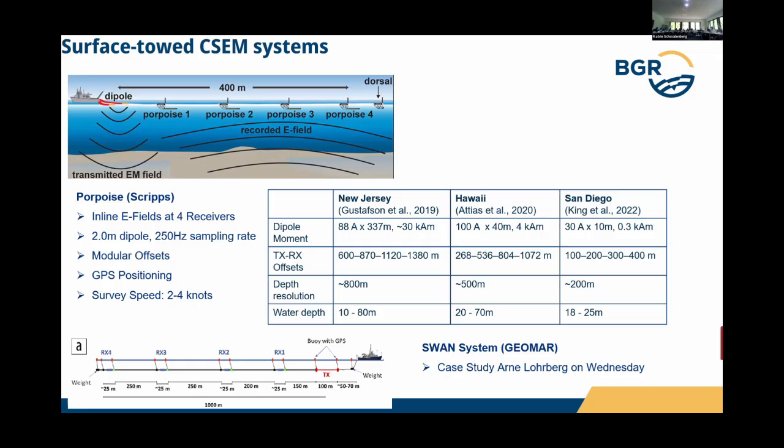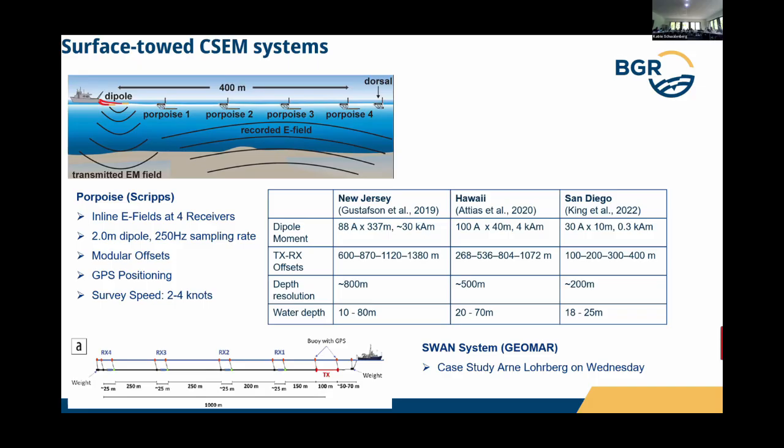The system measures the inline electric field at 4 receivers with a short 2-meter dipole, at some sampling rate. The offset between transmitter and receiver defines your resolution depths, your penetration depths.